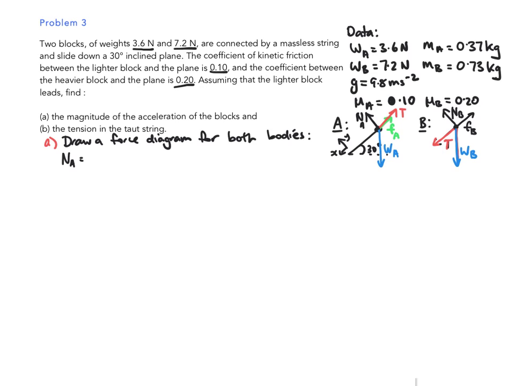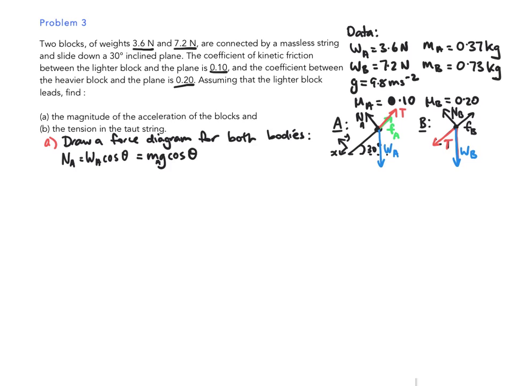NA is just going to be WA times cos theta. We're just looking at that vertical component, because NA cancels out the vertical components. This is the same as the last problem. This is how we find the vertical component of WA, which is m A g, so mAg cos theta.